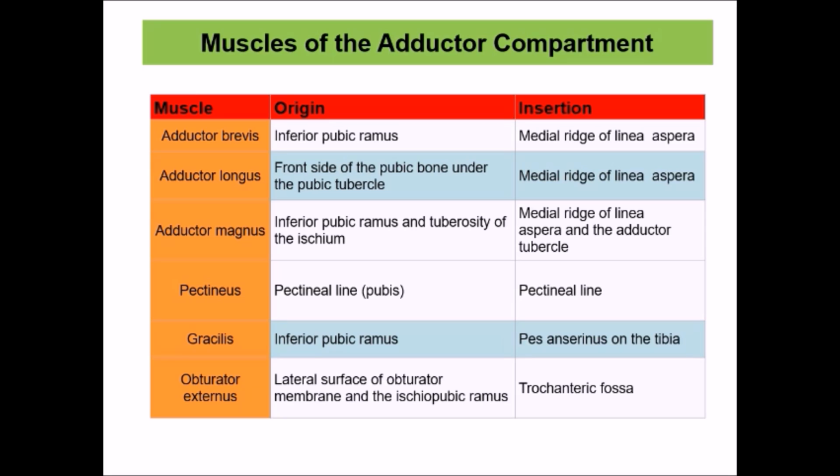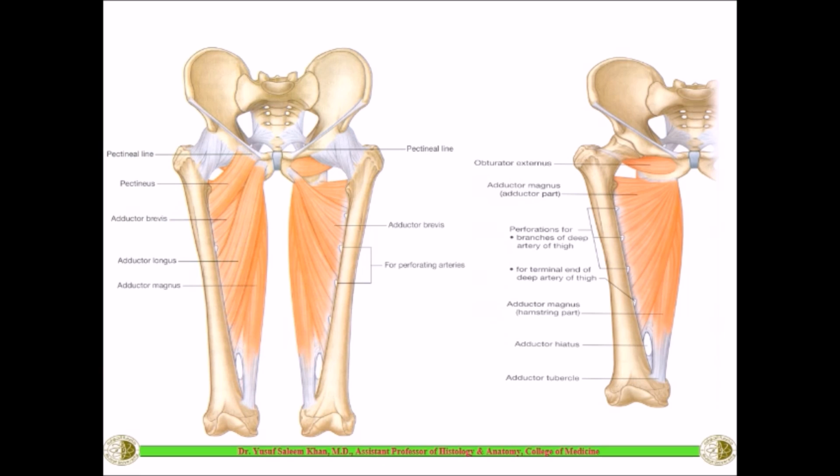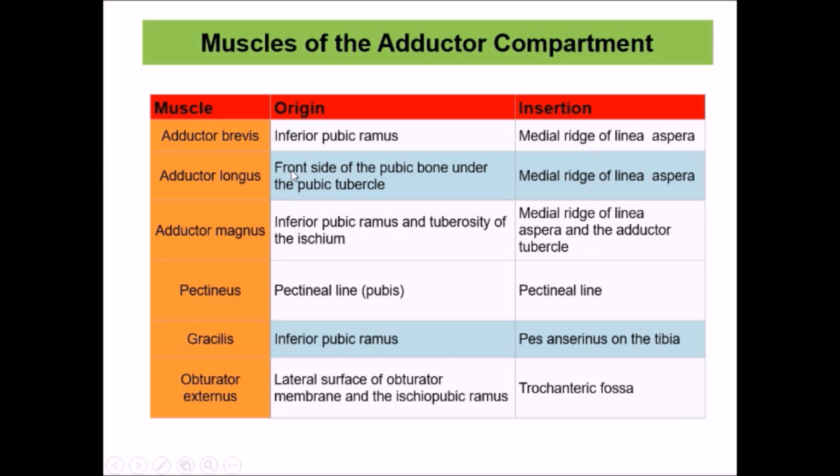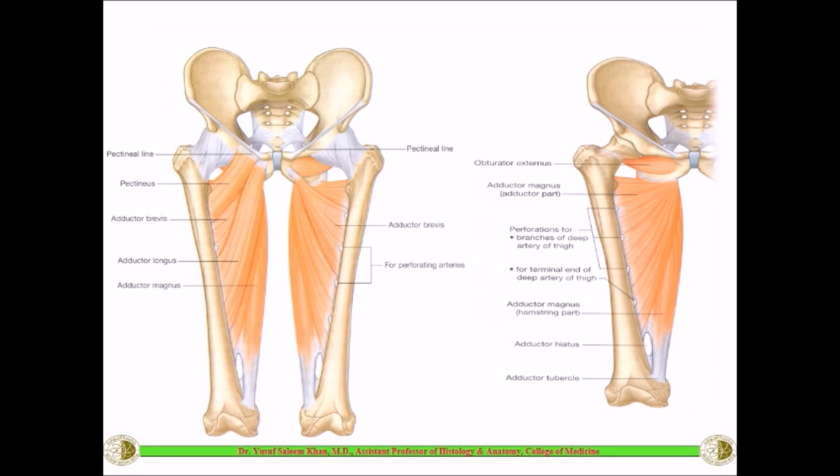Coming to the origin and insertion of these muscles, the first muscle is the adductor brevis. You can see here, this is the adductor brevis. It will be taking origin from the pubis, from the inferior pubic ramus. So the pubis has 2 rami, superior as well as inferior pubic ramus.